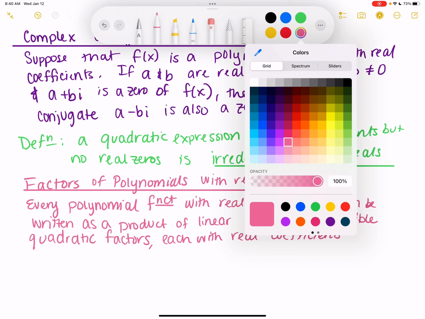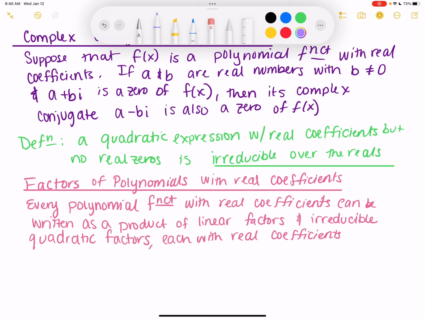And the last one, polynomial functions of odd degree.